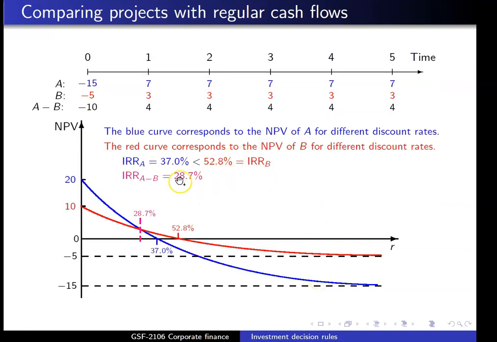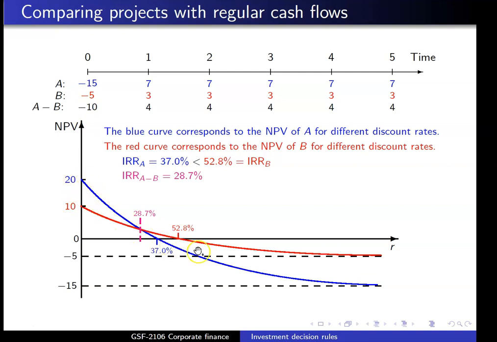So this is what it looks like graphically. We have A here, the blue line. 20 is the sum of all the cash flows: 5 times 7, 35, minus 15, is 20. 10 is the sum of all of B's cash flows: 5 times 3, 15, minus 5, is 10.